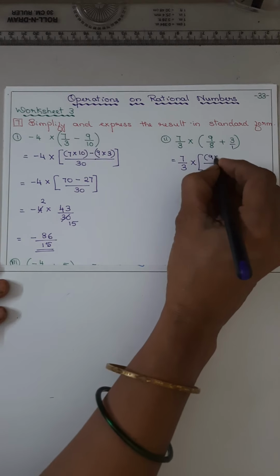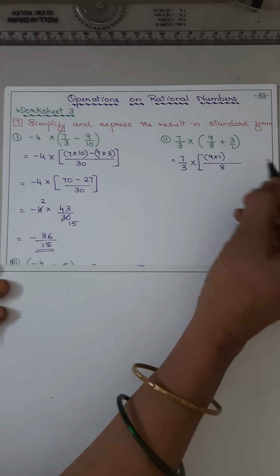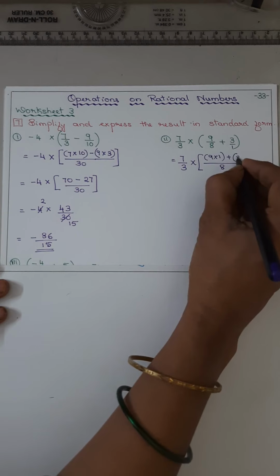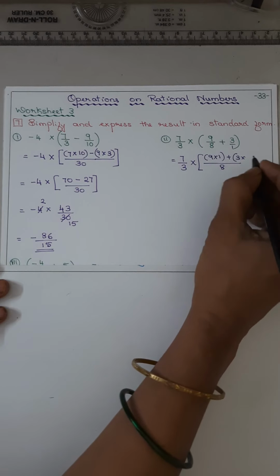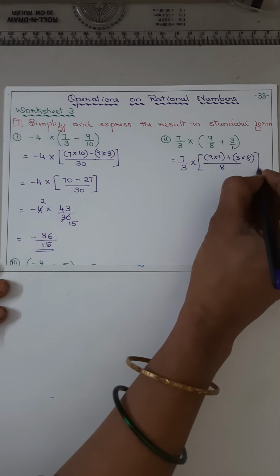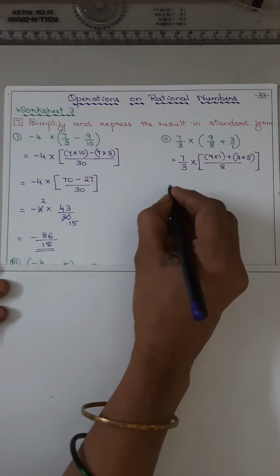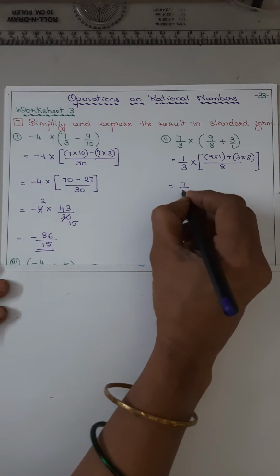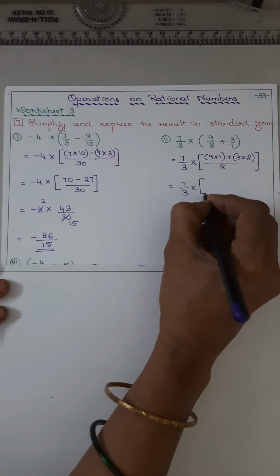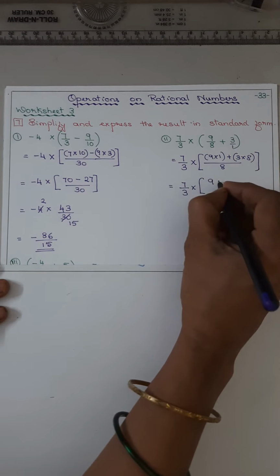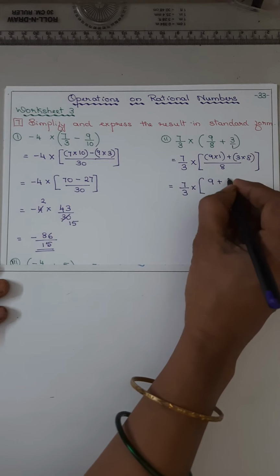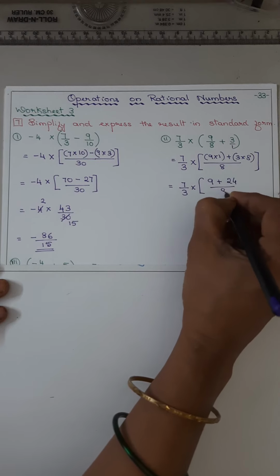So 9 into 8, 1 8 is 8, plus 3 into 1, 8s are 8. Is it clear? Now multiply 7 by 3 into 9 1s are 9 plus 3 8s are 24 upon 8.